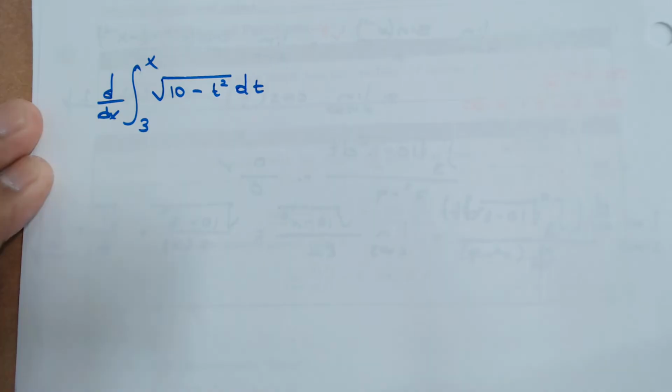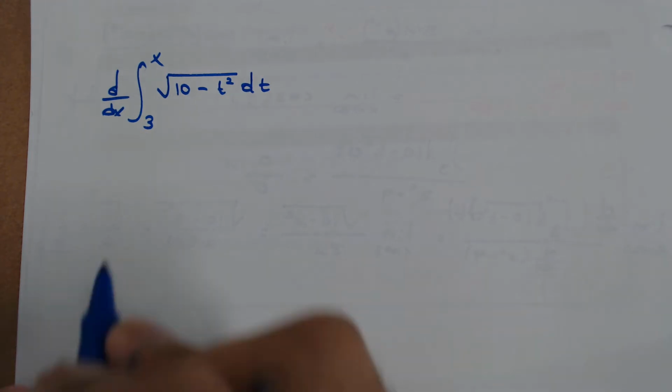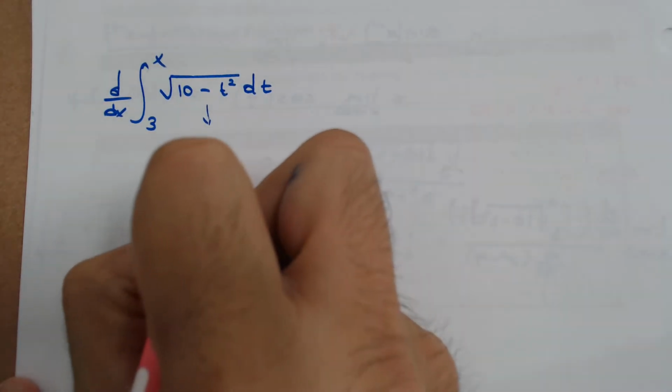Well, in this case, if we wanted to evaluate this integral, we don't have tools yet, unless you have seen integration by trigonometric substitution before, but we are assuming that you haven't done this before. So think of this as an f of t.